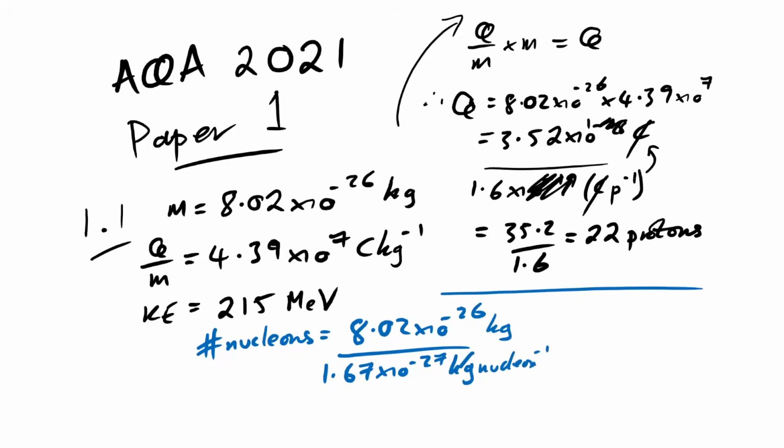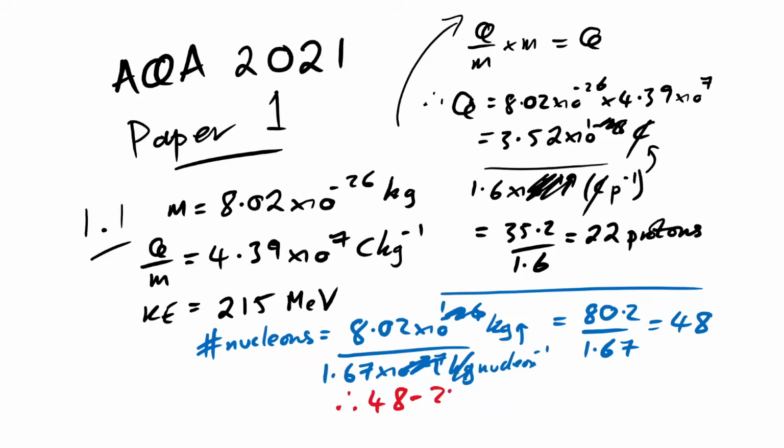Just like last time, the kilograms cancel and we end up with nucleons on top. That's 80.2 divided by 1.67, which gives us 48. So we have 48 nucleons, take away the 22 protons, and that leaves us with 26 neutrons. Lots of steps there, not the easiest question to start off with for this paper.